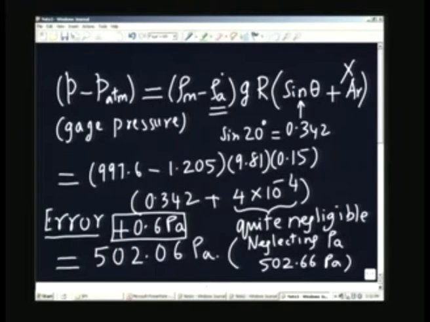Of course, you can represent it also as a percentage. So, I will write it in the next sheet.